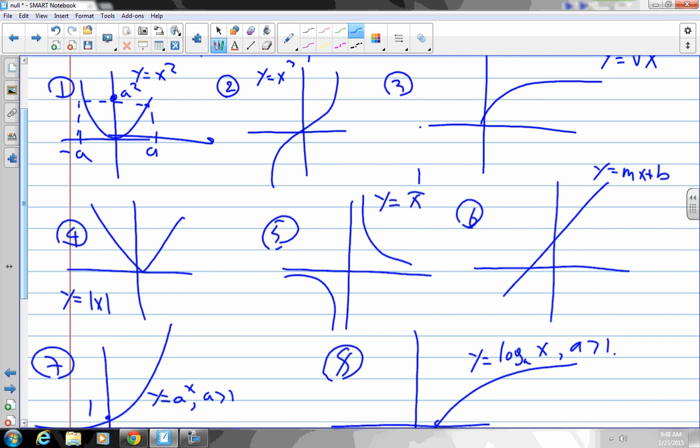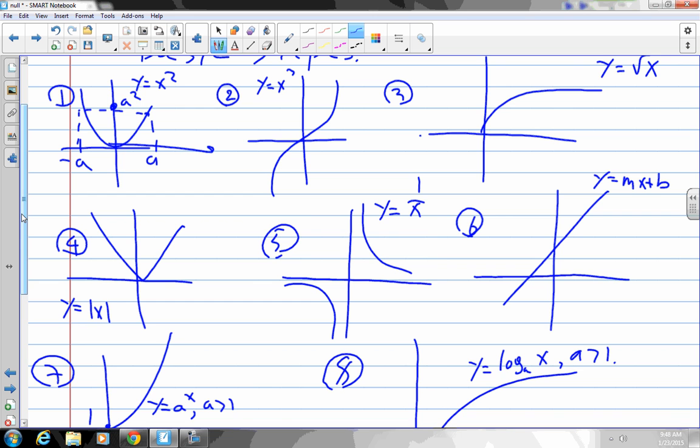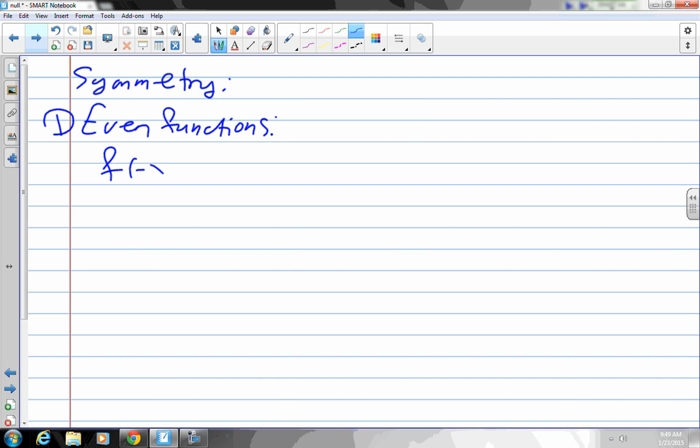Do you see any other even functions on this list? 4, right? The absolute value. That's another one. The definition of an even function: basically they satisfy f of negative x equals f of x. So it doesn't matter whether x is positive or negative, the function values stay the same, and the symmetry is the y-axis.